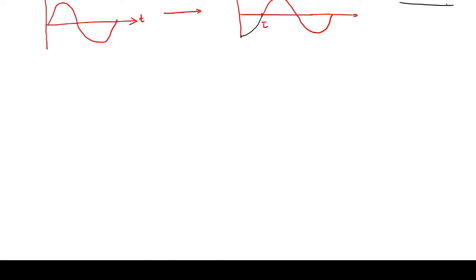This component would become minus of 2 pi f1 tau, because at this point t is equal to 0, right? So minus of 2 pi f1 tau. What is this? I have gone back, so it is nothing but minus of pi by 2. How much have I shifted? I have shifted by a factor of minus pi by 2.